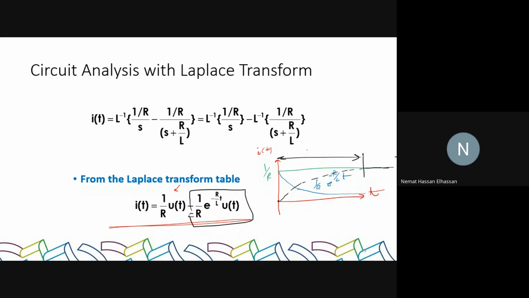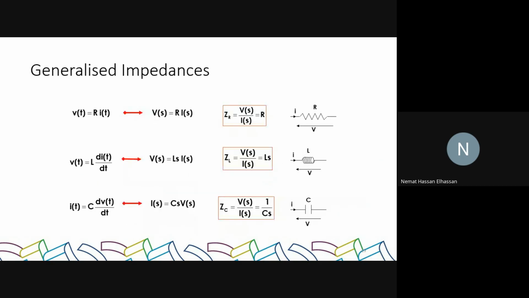Okay. So now, generally, this leads us to the concept of generalized impedance. Last week we talked about impedance. We said that we have ZR, which is equal to R. Last week we studied that ZL is equal to j omega L, right?